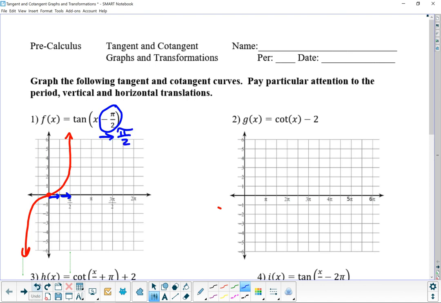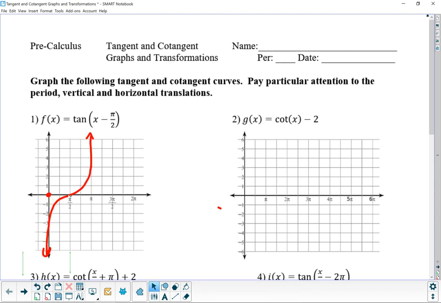So what that means is we're going to move each of these, or my graph here, over 2, so it's going to end up being here, which means my period also moves over 2. So now my period is from 0 to pi.